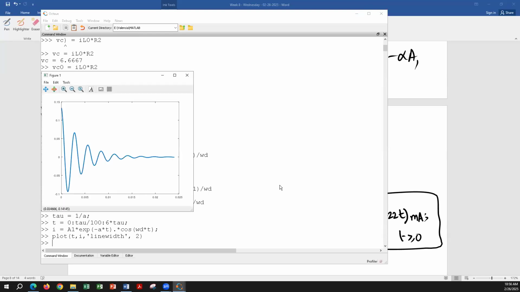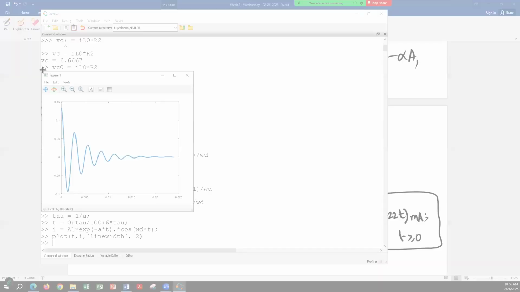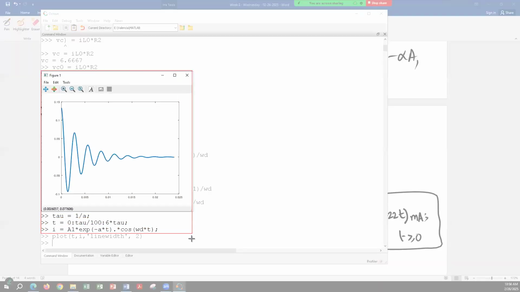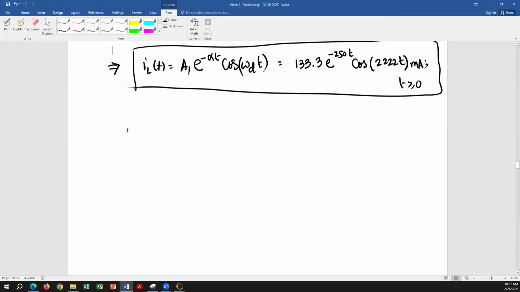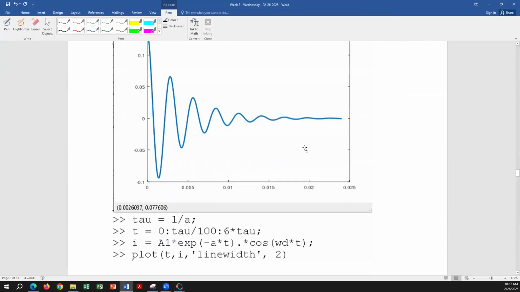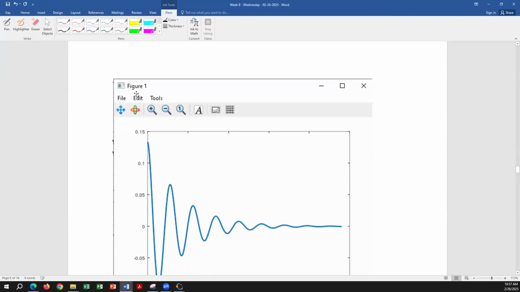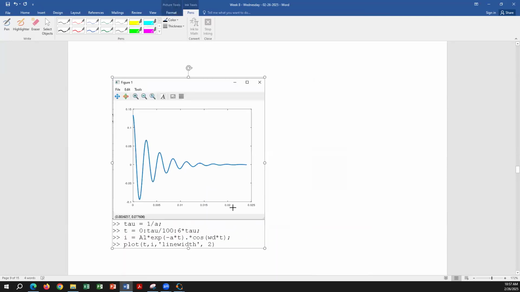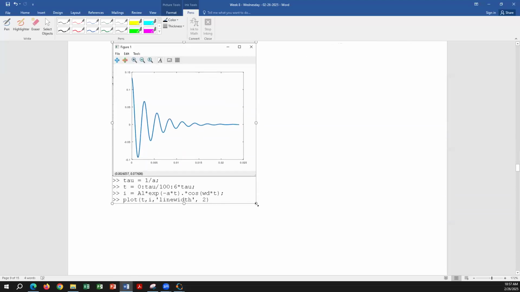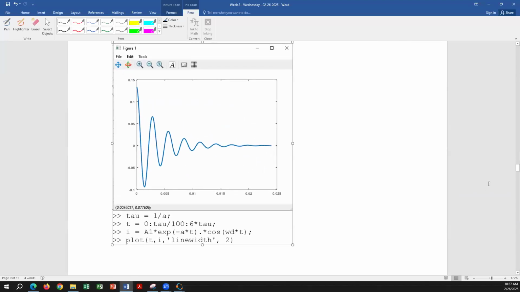So this is the plot of the current. Let's go ahead and copy this as well.